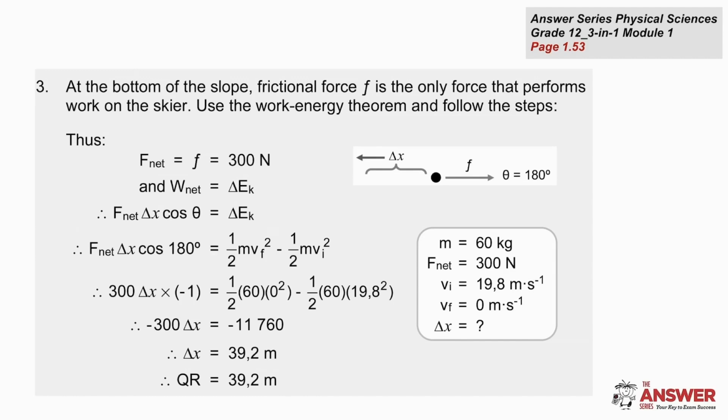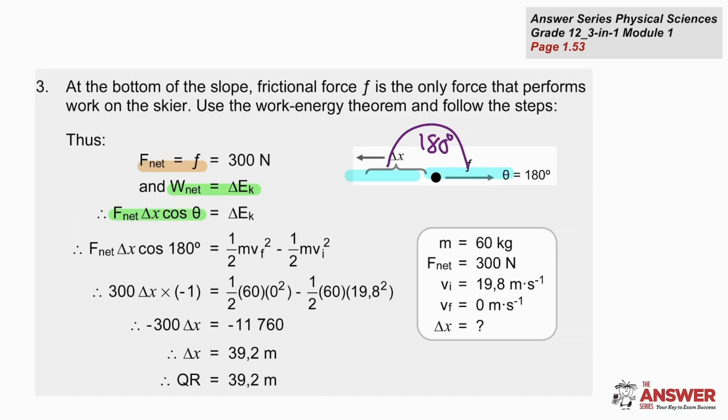There are no other horizontal forces, so the net force equals the frictional force. Again, start with the essential statement and expand. This time, the work definition is useful as it brings in the delta x. The angle between delta x and the frictional force is 180 degrees.